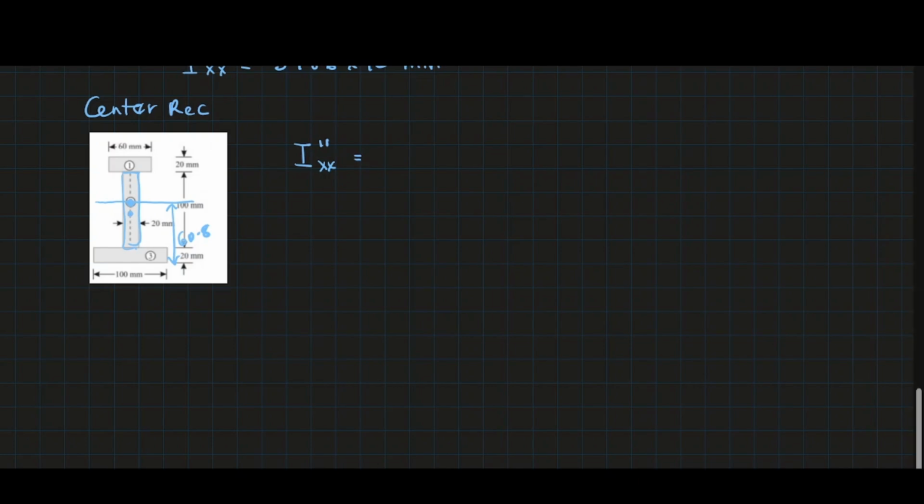Because of that offset, it's going to contribute its own inertia, and then the inertia is going to be produced when it's rotated from the center point. So its own inertia is BD cubed over 12, because that's the formula for a rectangle, plus the area, which is 100 times 20, which is 2000, times the offset or radius from this point to this point.